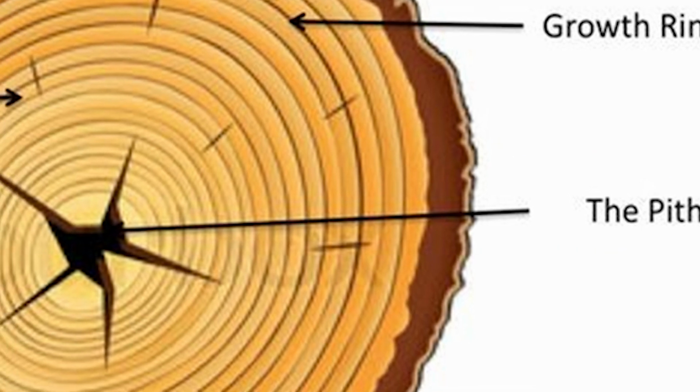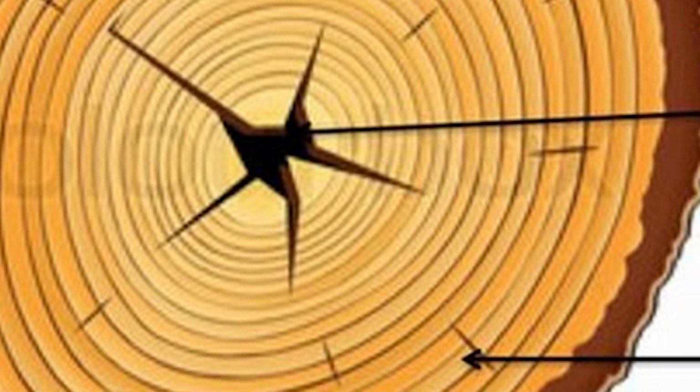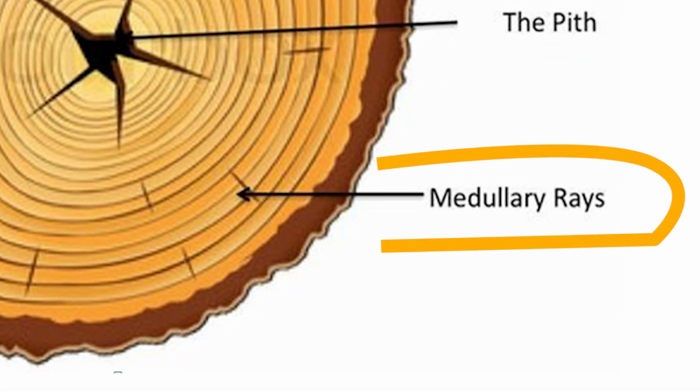And if you look at this picture on your screen right now, you will notice there are lines radiating from the pith. These lines are what we call medullary rays.